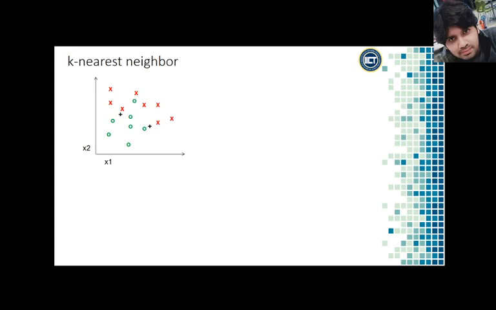Now, another variant of the nearest neighbor is the k nearest neighbor. The KNN algorithm assumes that similar things exist in close proximity. In other words, similar things are near to each other. So in this case, if you have this plus sign or this plus sign near the green zone, it will be assigned to red and green respectively with respect to one nearest.